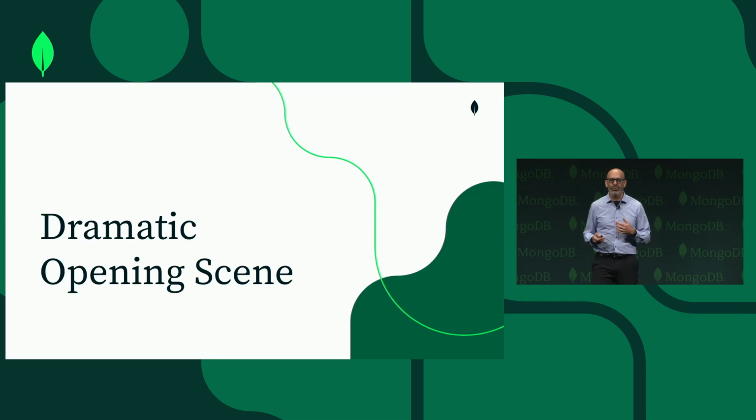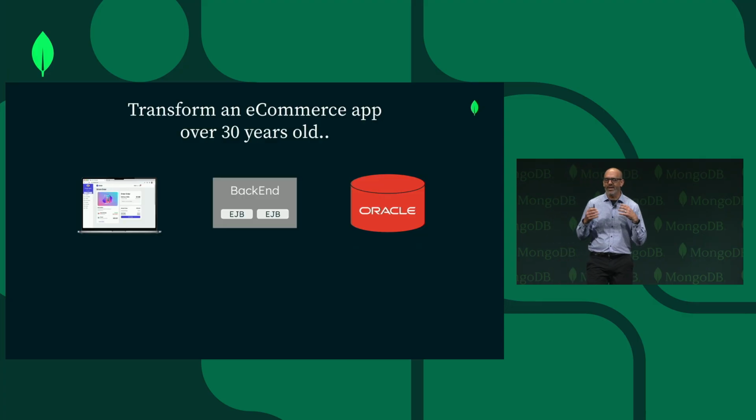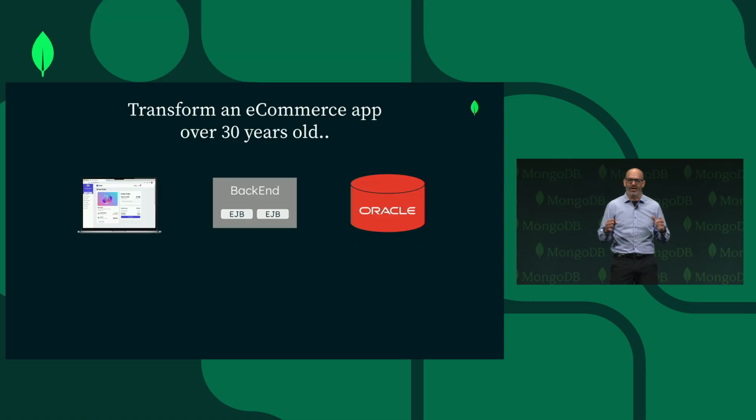So let me go through and set up the dramatic scene that we're going to walk you through. Let's imagine that our task is to modernize this old legacy application. Just for the sake of things, we've picked an e-commerce application. It's got a website, shopping carts, all that type of thing.